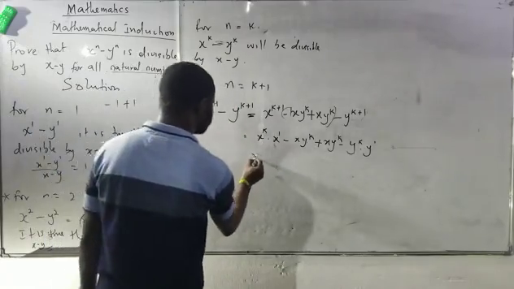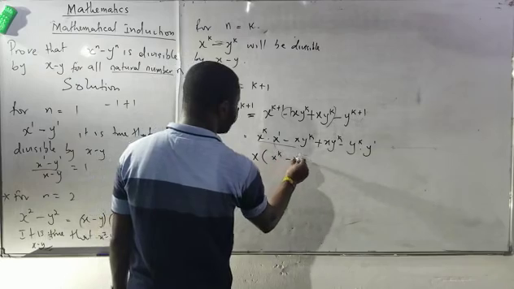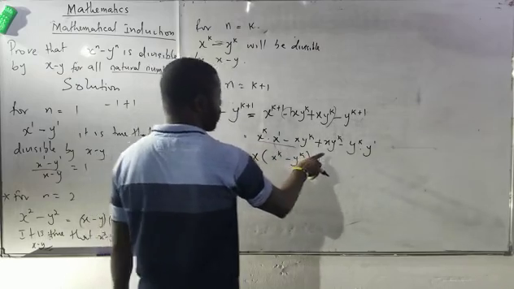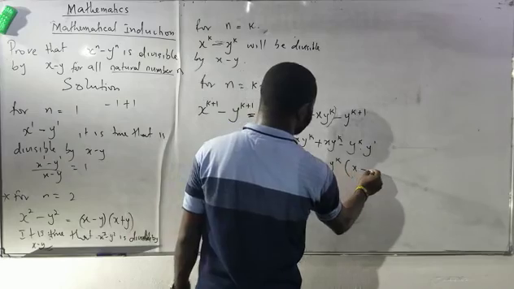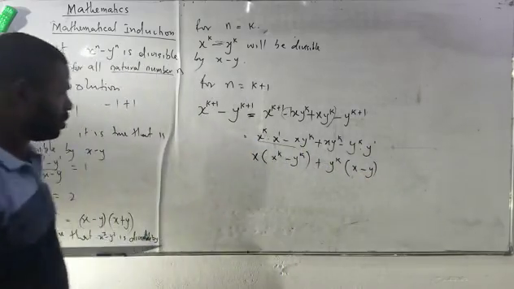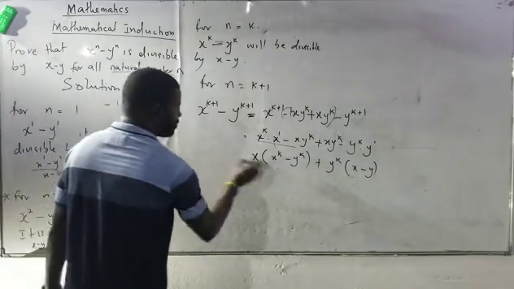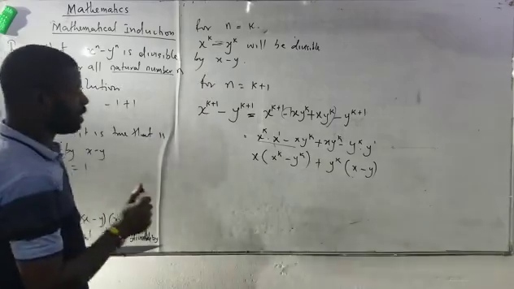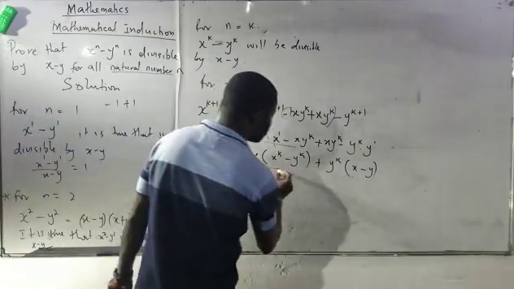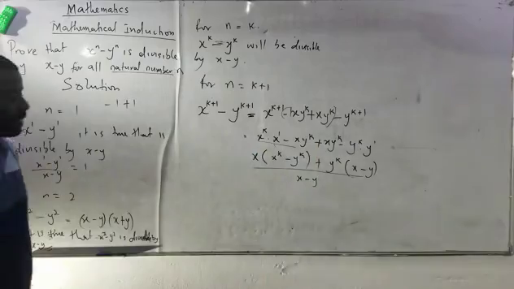I know that x is common in this part, which gives x raised to power k minus y raised to power k, and plus what is common here, y raised to power k, which gives x minus y. Now I want to know whether this will be divisible by x minus y, so let me divide this by x minus y.